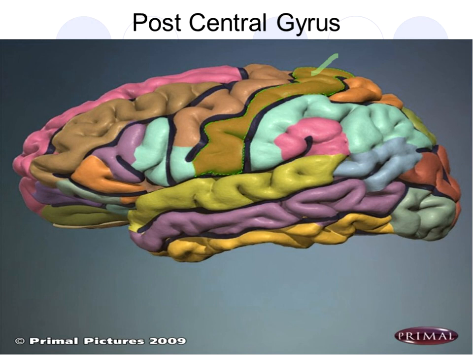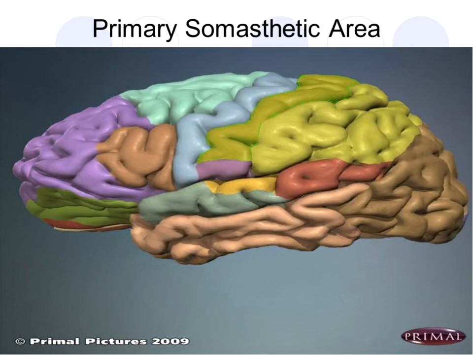And these are areas 3, 1, and 2. 1 is in the middle and 2 is on the outside. So you have to look at 3, 1, and 2 in the picture. That's the post-central gyrus, the primary somatosensory area. It's outlined in green.